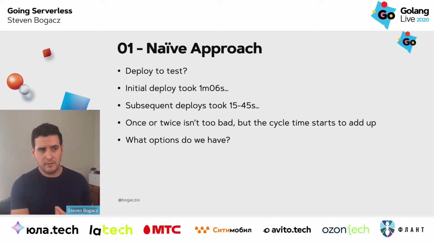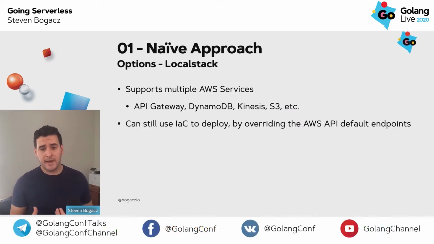So what can we do to maybe navigate around this? One option is LocalStack, an open source project that aims to provide locally running API fakes of different types of AWS services. They actually have fakes for quite a few of them, everything from API Gateway, S3, Dynamo.